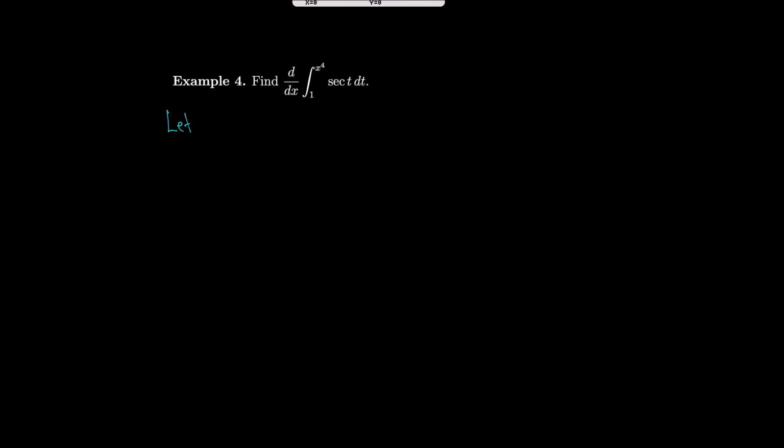So let's let u equal x to the 4th. Then the derivative of the integral from 1 to x to the 4th of secant t dt is the derivative of the integral from 1 to u of secant t dt.